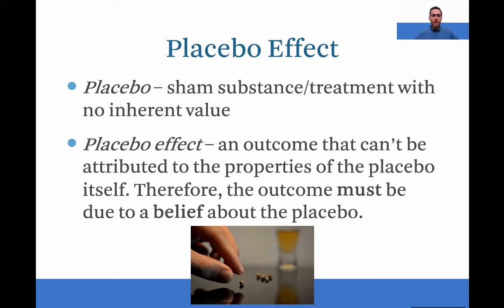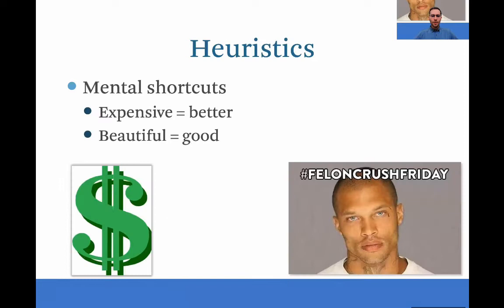It's a treatment that has no inherent value. The placebo effect involves an outcome that can't be attributed to the properties of the placebo itself. Therefore, the outcome must be due to a belief about the placebo.